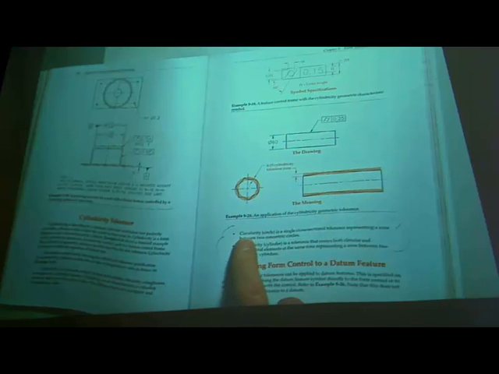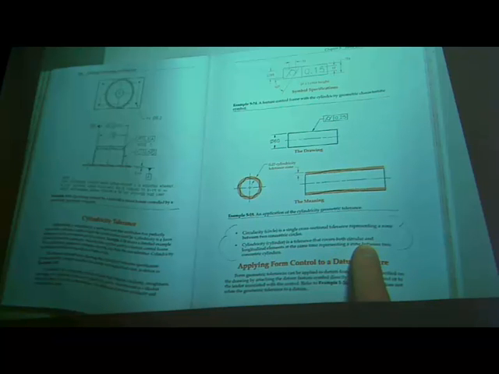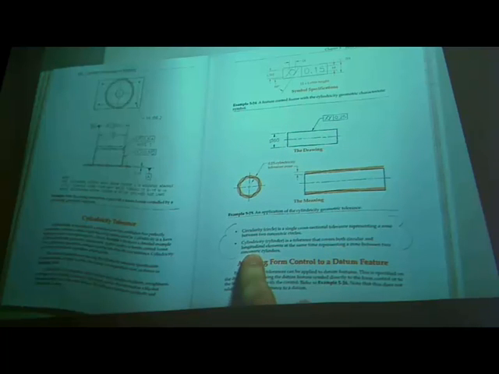Cylindricity basically takes the circularity and runs it across the whole surface. So circularity is cross-sectional between 2 concentric circles, and cylindricity covers both circular and longitudinal elements at the same time. So it's 2 concentric cylinders, like a tube.